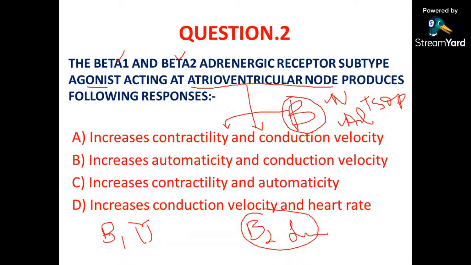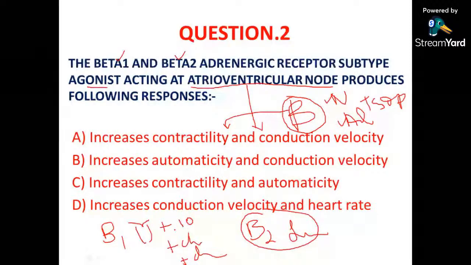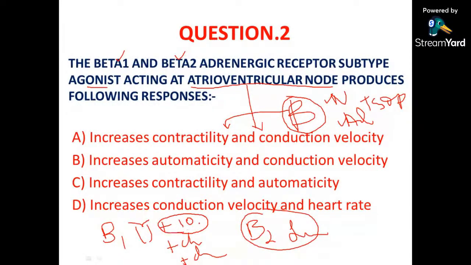So when beta 1 receptor is activated in the heart, it shows three actions. Number one, positive inotropic effect, positive chronotropic effect, and positive dromotropic effect. Positive inotropic effect is mainly seen with the cardiac myocyte, the force of contraction. He is asking about atrioventricular node action.